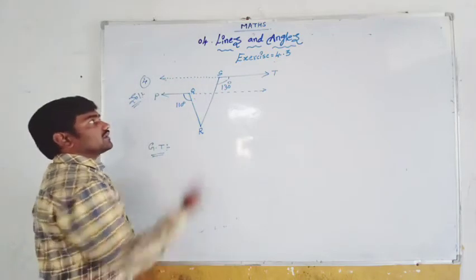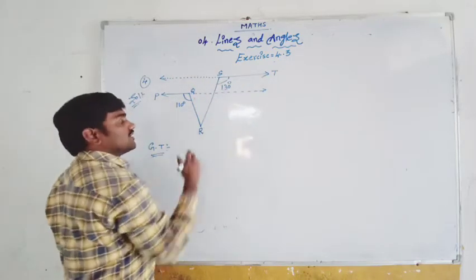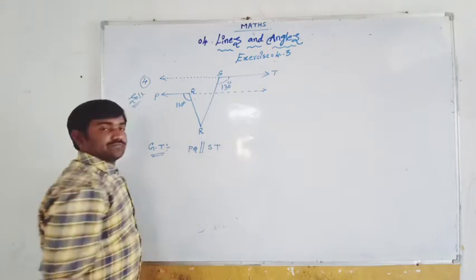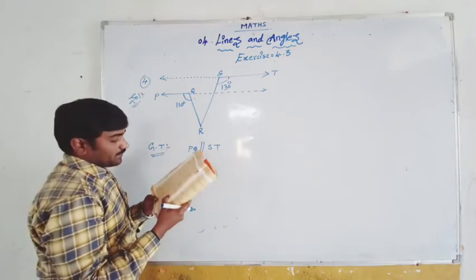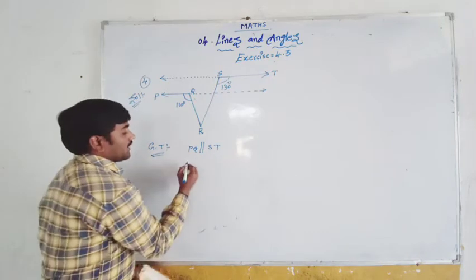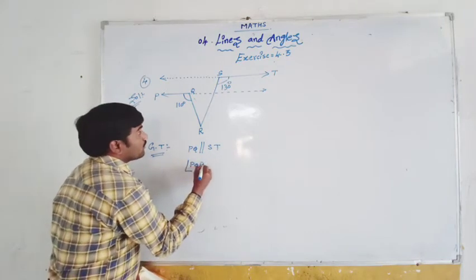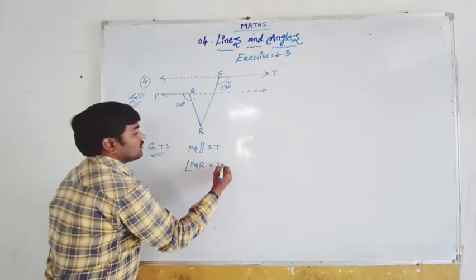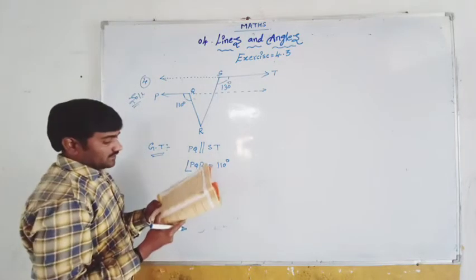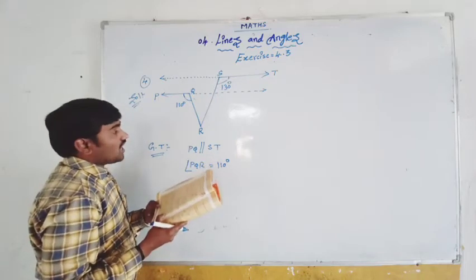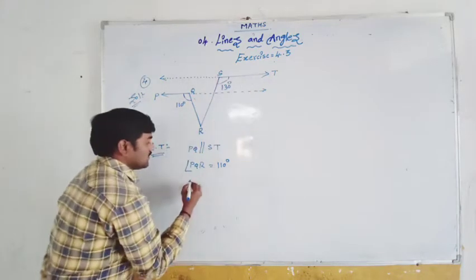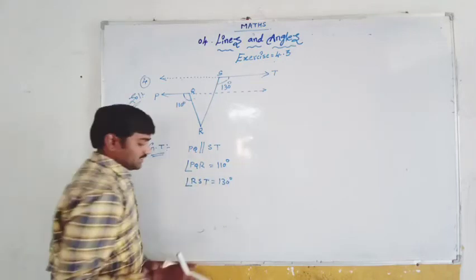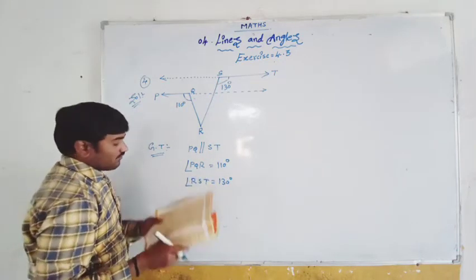Now this PQ line is parallel to ST. Then angle PQR, angle P to Q, Q to R, this angle is equal to 110 degrees. And angle RST is equal to 130 degrees.